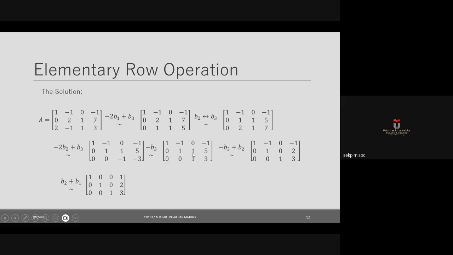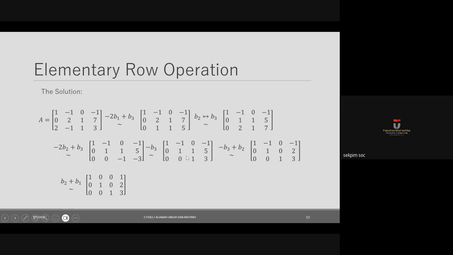You just need to subtract the third row from the second row, so you add minus of the third row to the second row, right?